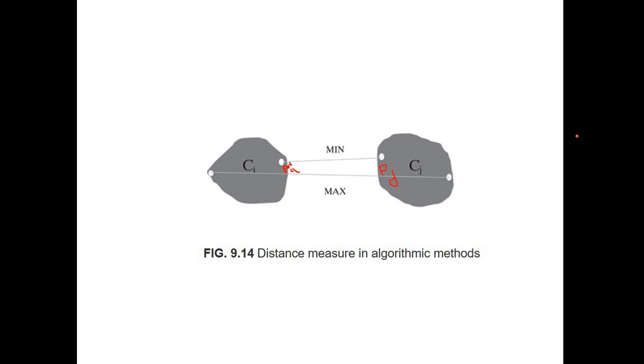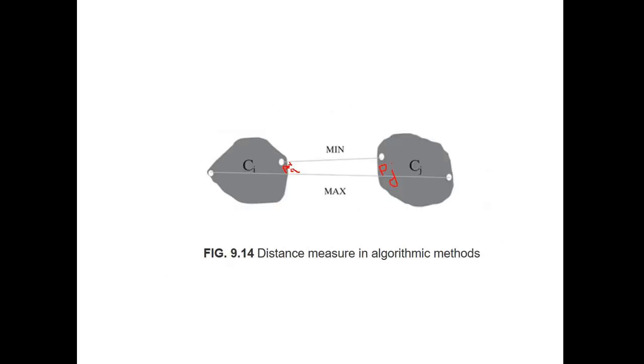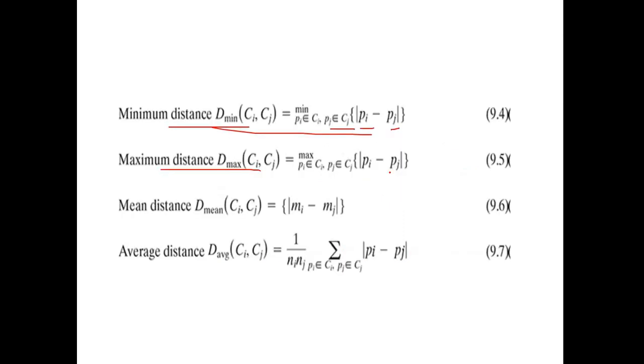So these are the minimum distance points in the clusters. Maximum distance is nothing but the farthest points from the 2 clusters. So this is Pi in Ci, this is Pj in Cj. The distance between this Pi and Pj is maximum compared to any other pair of points in the two clusters Ci and Cj. So these are the maximum distance points in the clusters.